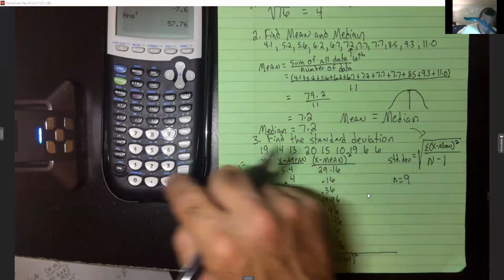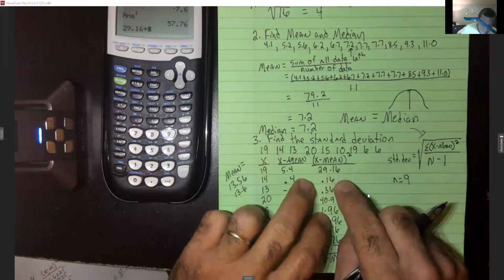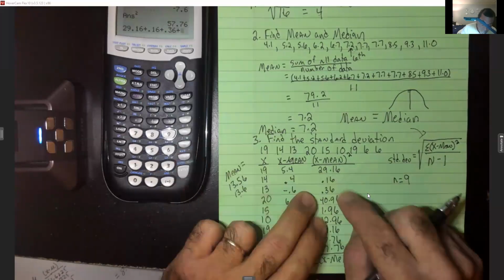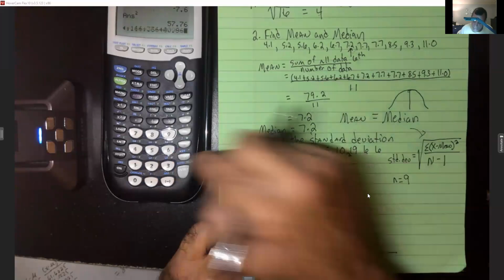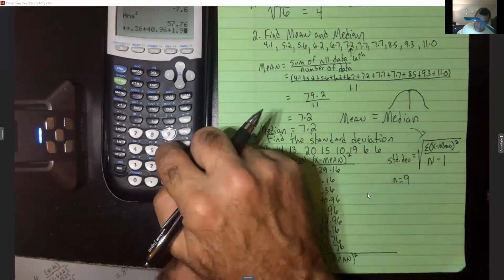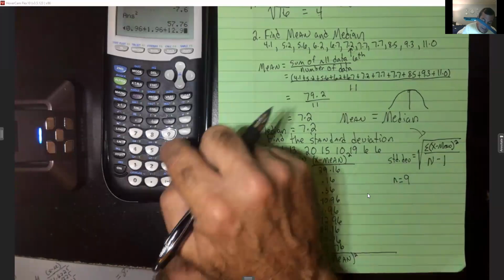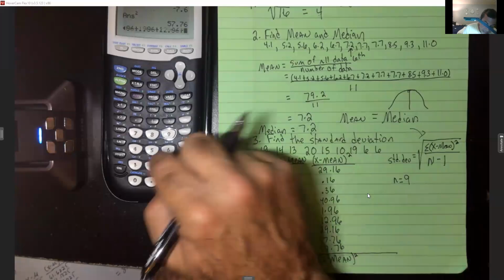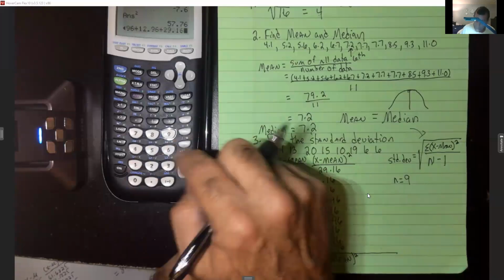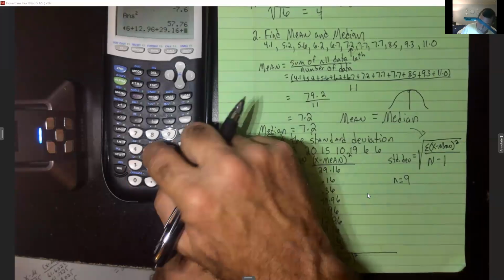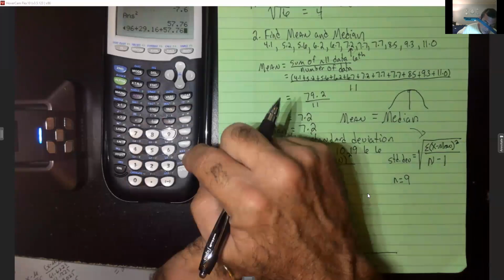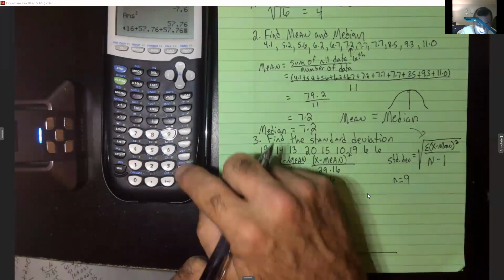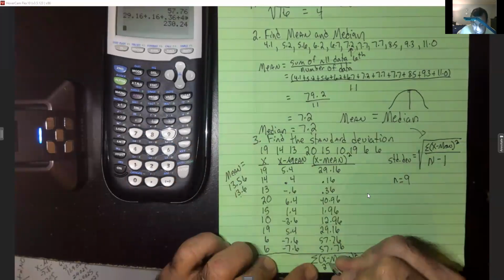So we'll do 29.16 plus 0.16 plus 0.36 plus 40.96 plus 1.96 plus 12.96 plus 29.16 plus 57.76 plus 57.76. So I just added this whole row up, and that's going to equal 230.24.